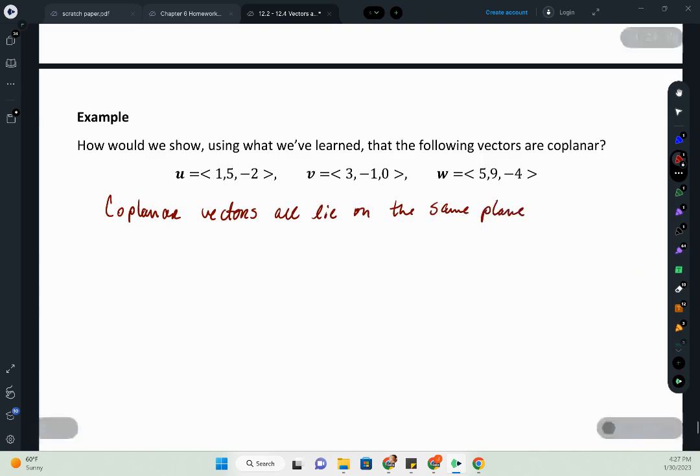And if all 3 vectors lie on the same plane, that means that we can never get height for a dimension with those 3 vectors, right? We could get an area, but that's about it.